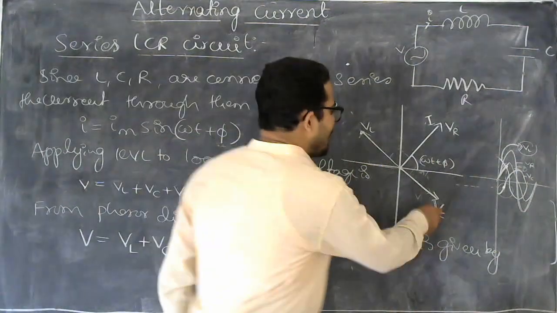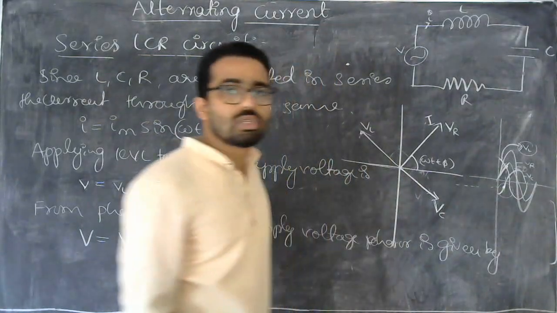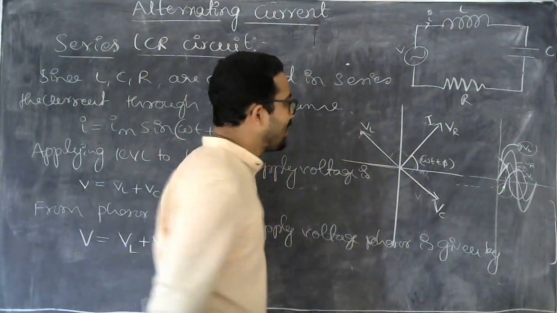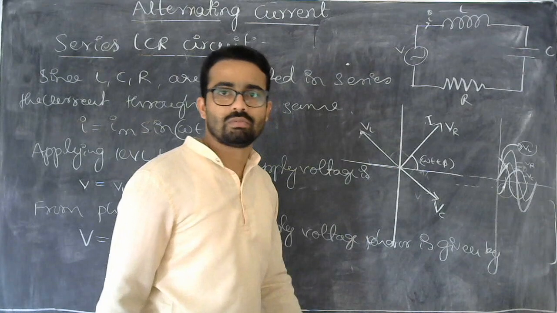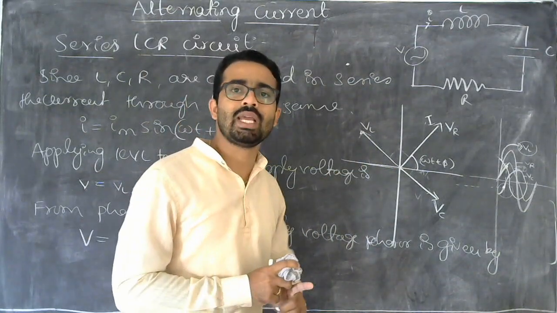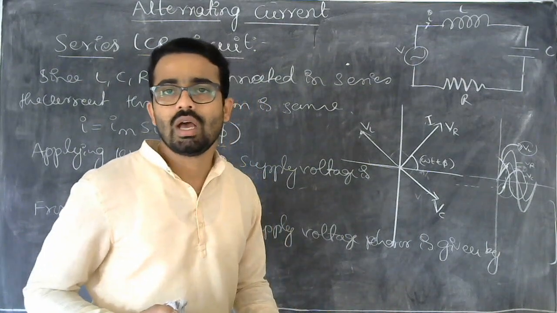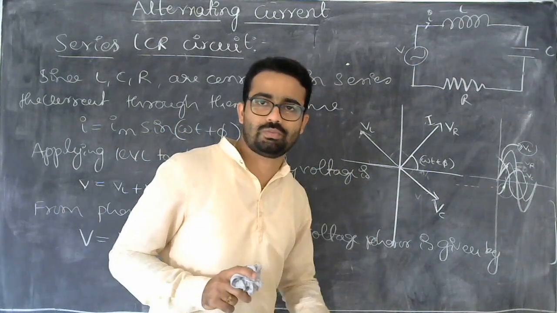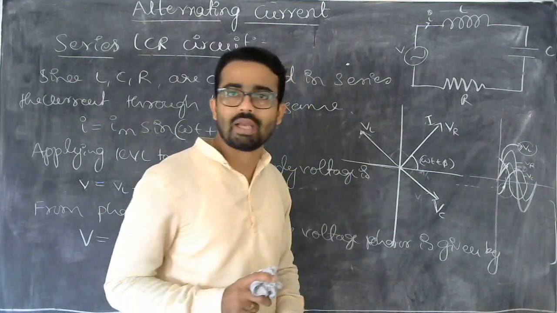I told you that these three are vectors. Since they are vectors, we can write their magnitudes. There are two kinds of magnitudes in a phasor diagram: one is phasor magnitude, another is vector magnitude. Here we are writing the vector magnitude.